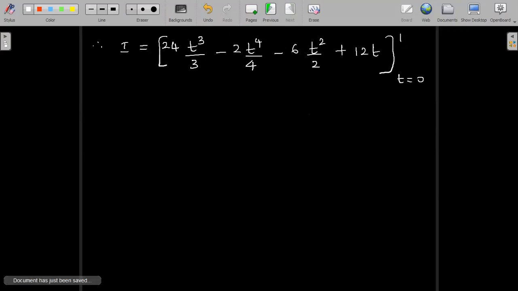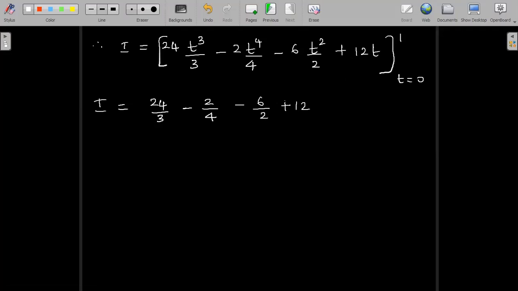We have done the integration. Now we will apply the limits. Lower limit is 0 for all of them, so it is just the application of the upper limit. So we will get 24 by 3 into 1 minus 2 by 4 minus 6 by 2 plus 12. t is 1, so each of these terms is 1. At the lower limit t is 0, so all the terms go to 0.